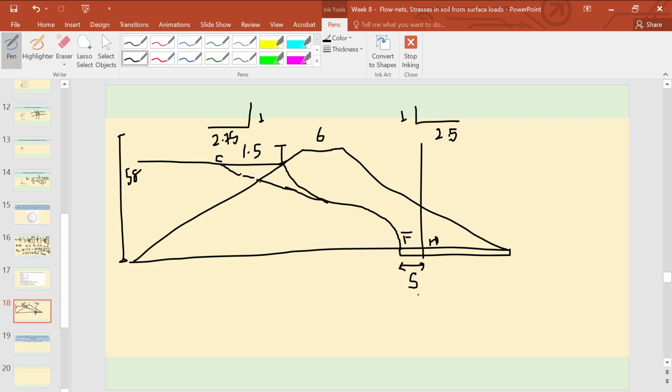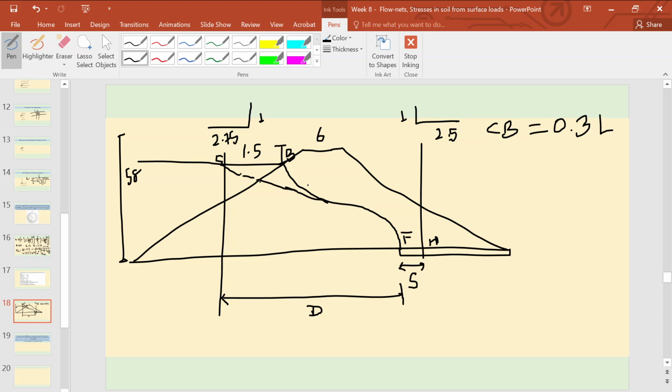There is something empirical over here which we'll see, but the distance from the focus till the point C, we take it as D. Now, from C to B, if B is the point where the phreatic line originates, CB will be equal to 0.3 L. And what is L?